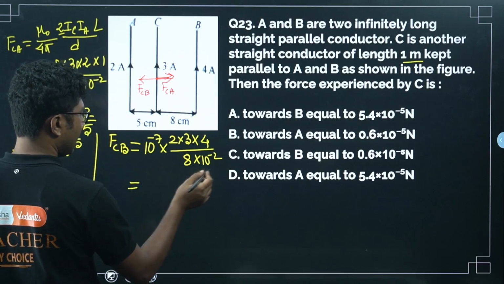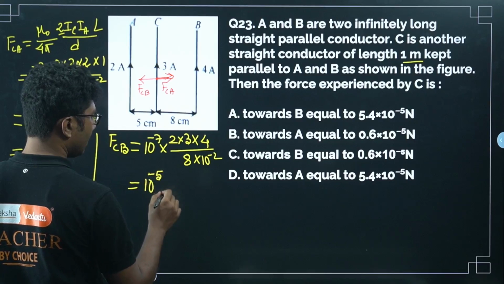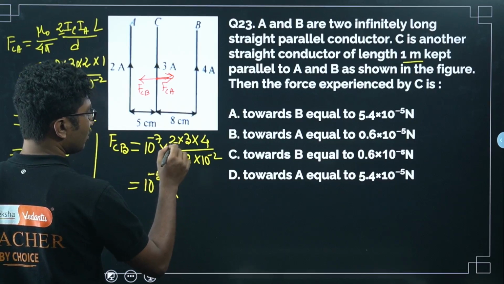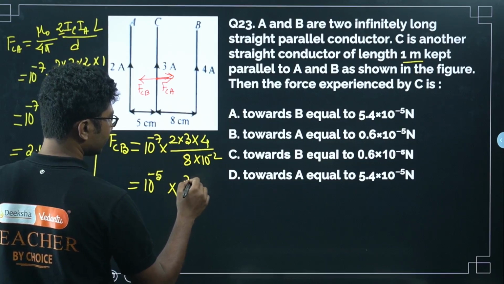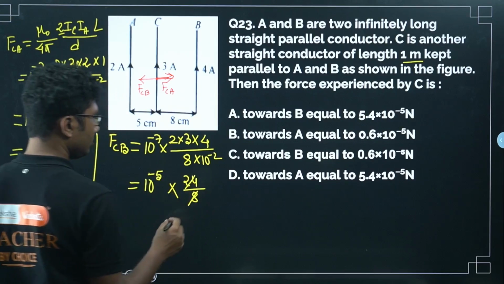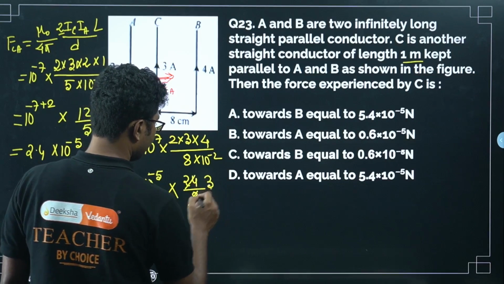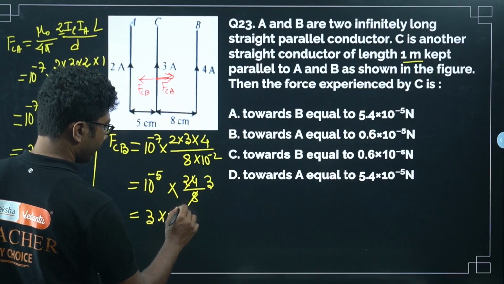So it will come to 10 to the power of minus 5 as usual times 2 3s are 6, 6 4s are 24, by 8, 3 times 10 to the power of minus 5.